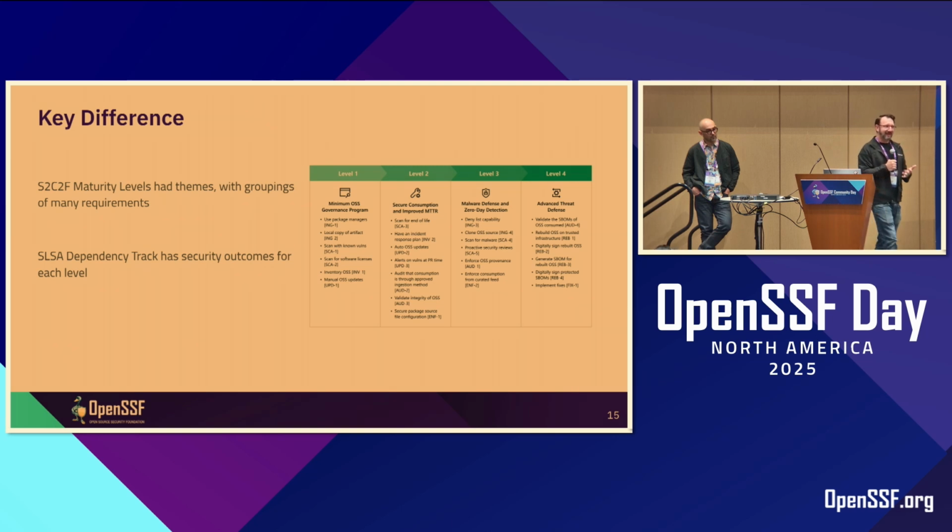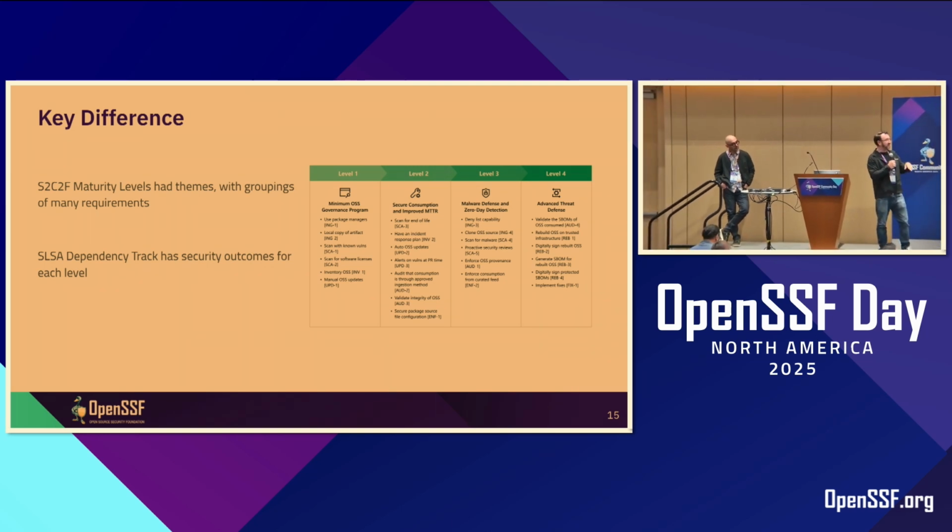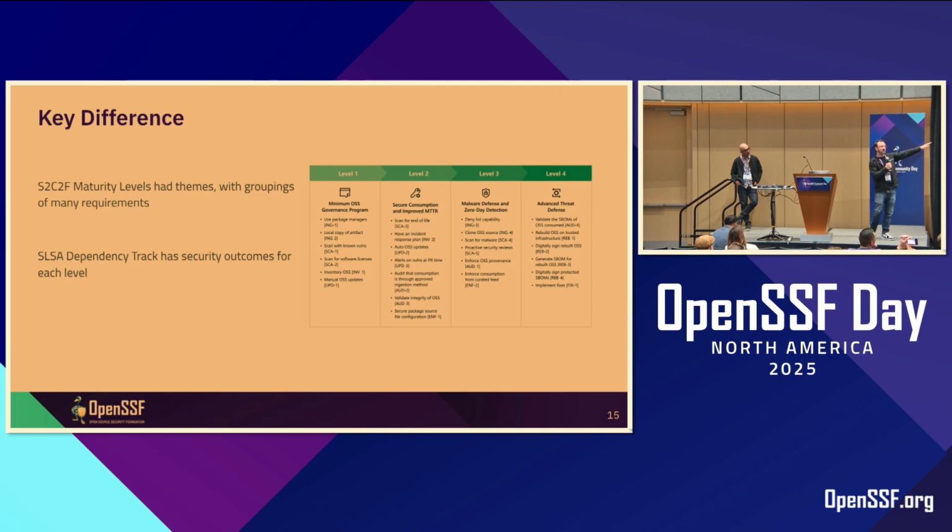So one last key difference I wanted to point out between S2C2F and SLSA Dependency Track is this picture of the S2C2F maturity levels. Their levels were focused around themes. And when you start looking down the column, you can see that each level had just a grab bag of requirements from different practices. So there wasn't focus on what needed to be accomplished.